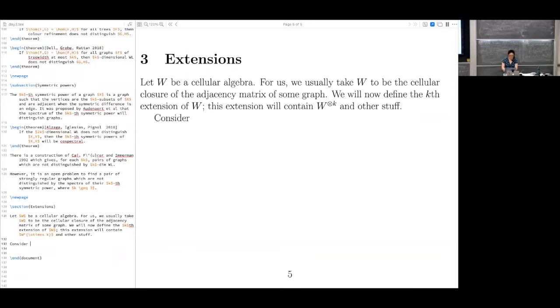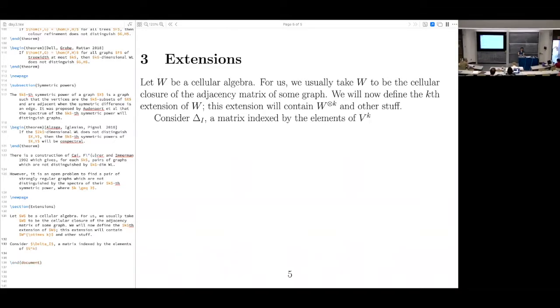So we're going to have to consider one specific matrix, capital Delta sub I. It's going to be a matrix indexed by the elements of V(X) to the k, where X is the ground set of W. Maybe we can just take W to be the cellular algebra of some graph X. So now it's just the cellular algebra of a graph, and then we're going to take V to the k.